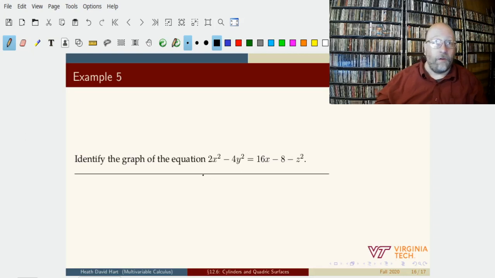So let's try using that decision tree to identify the graph of this equation. First thing we have to do, this is not in standard form, so we have to put it in standard form first. We group the variables together.